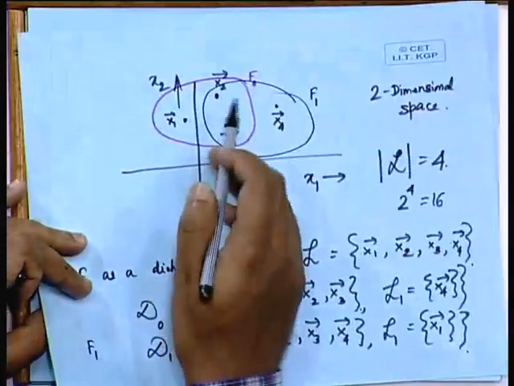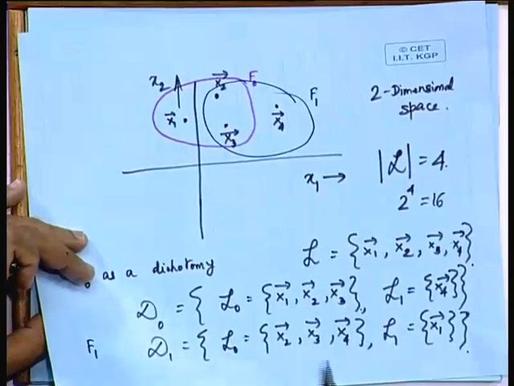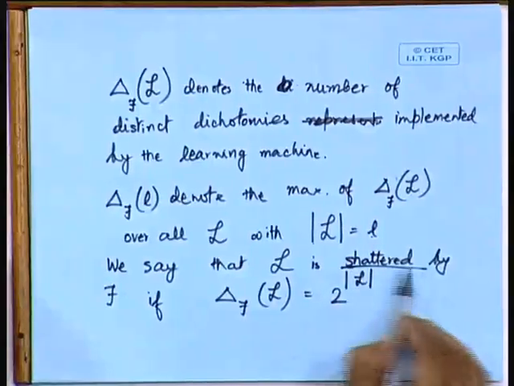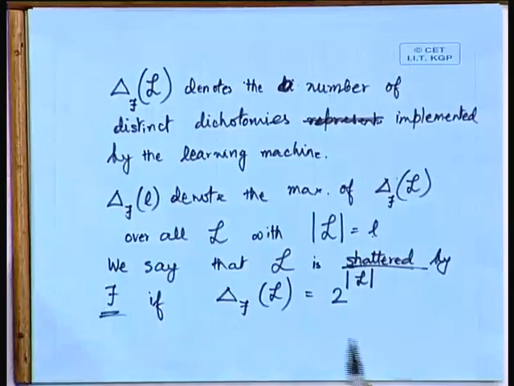In this example, if in the learning system we have all the 16 decision rules available with us, then we can say that the input space L is shattered by the set of decision rules or the set of dichotomies F.